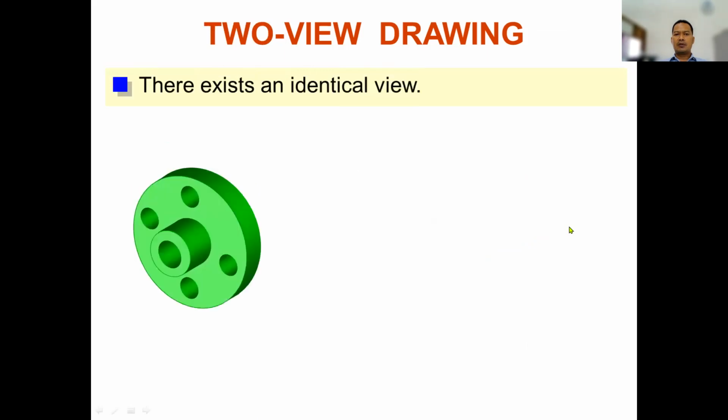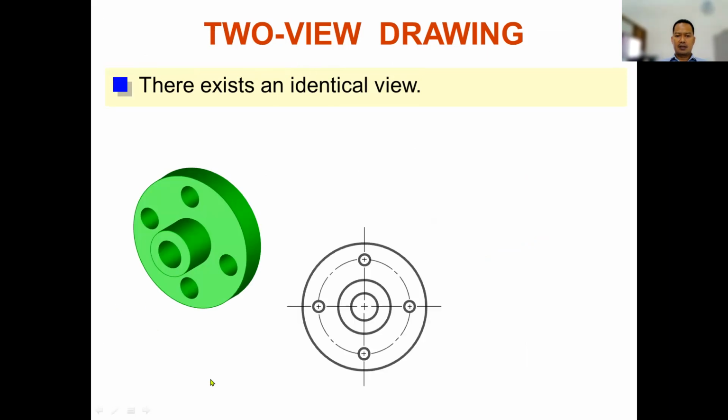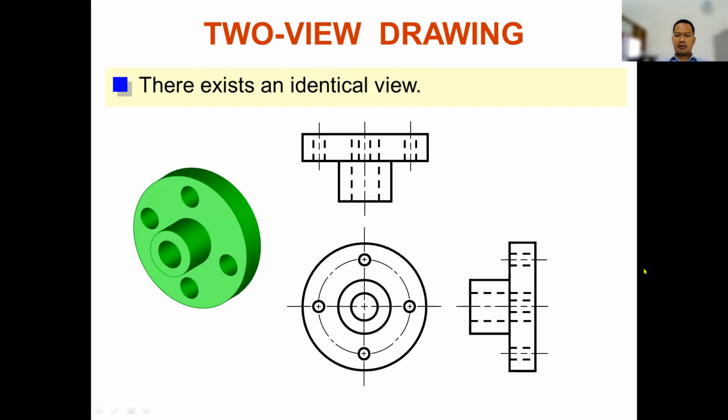And then 2 view drawing. For example, you have a 3D part like this. There exists an identical view. For example, this is the front view of your object. Then you make other projection views, top view and right view.